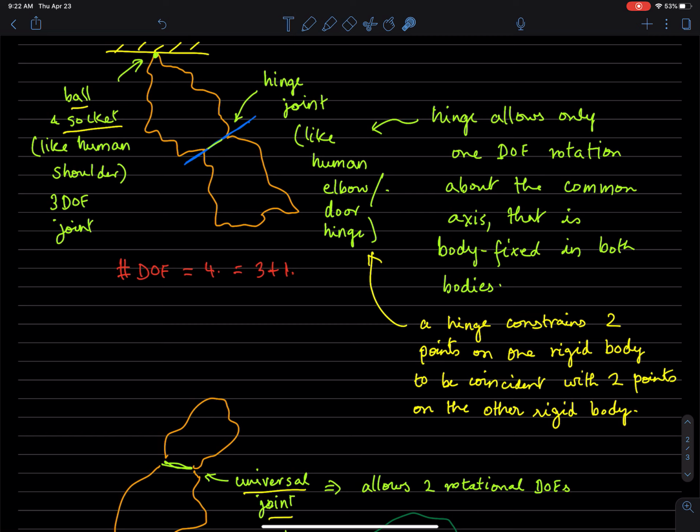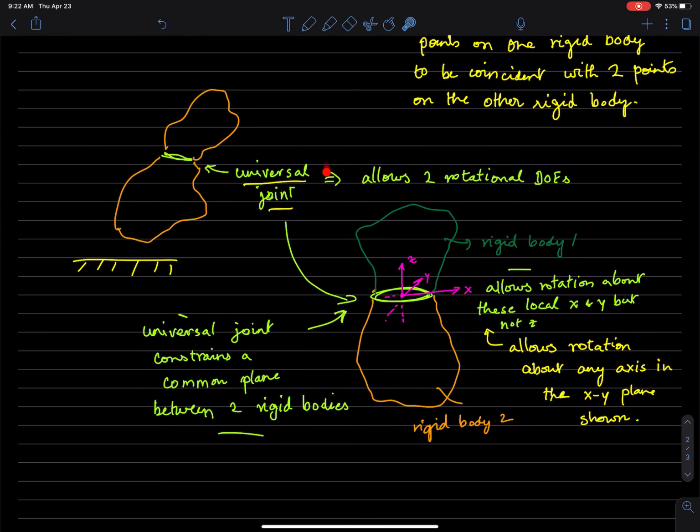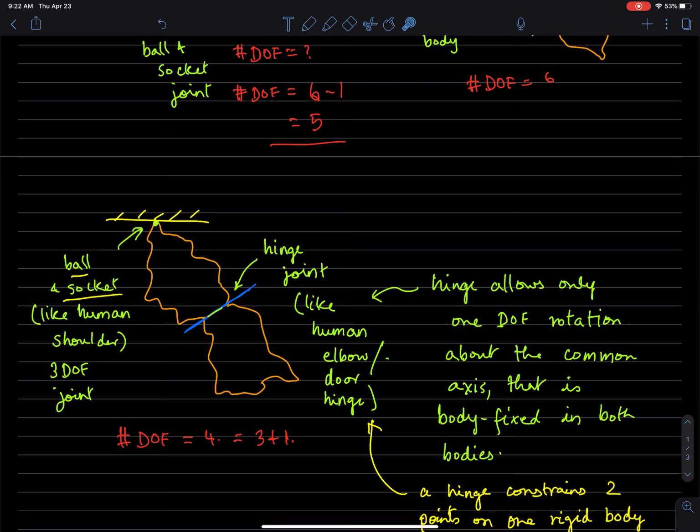Okay, so we just talked about the hinge joint. That's 4 degrees of freedom: 3 degrees of freedom here, plus 1 degree of freedom here. Another kind of joint is what's called a universal joint, which has 2 rotational degrees of freedom. A ball and socket joint has 3 rotational degrees of freedom. A hinge joint is also called a revolute joint.